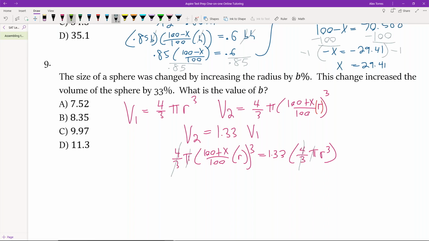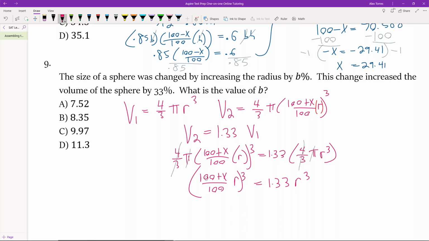Let's go ahead and rewrite that one more time: (100 plus x) over 100 times r cubed, where the cube applies to the whole parenthesis, equals 1.33 r cubed. So we have it up to there, and we can take the cube root of both sides right now.